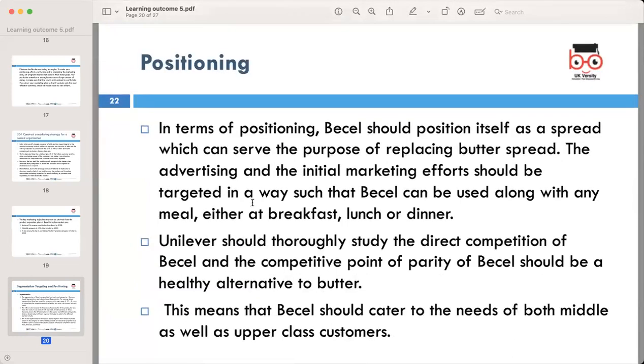So next one is positioning. In terms of positioning, Becel should position itself as a spread which can serve the purpose of replacing butter spread. We envision Becel as a versatile spread that can effectively replace traditional butter spreads.